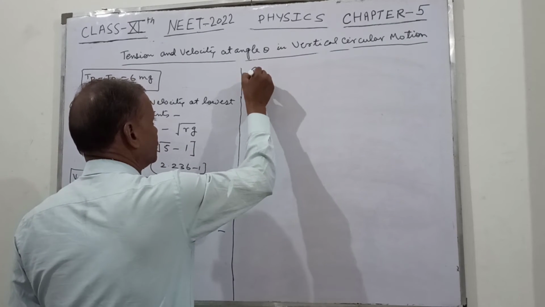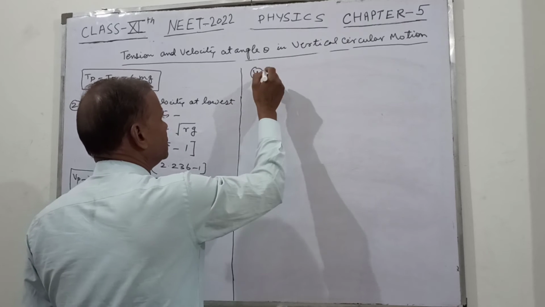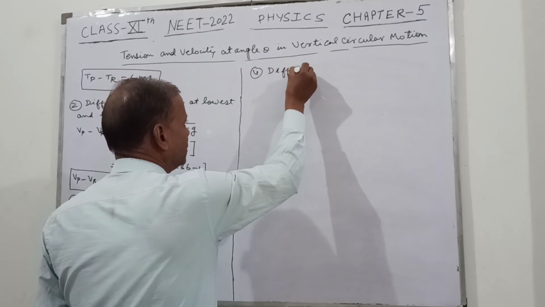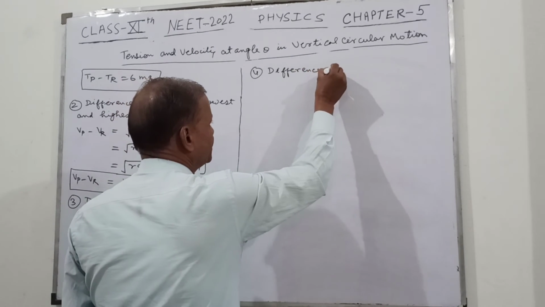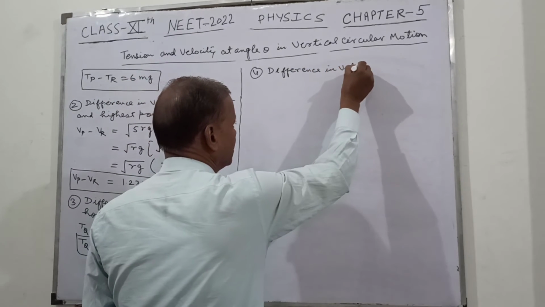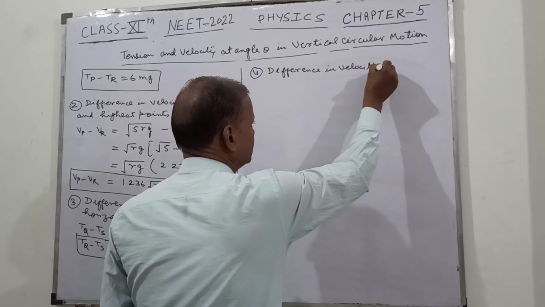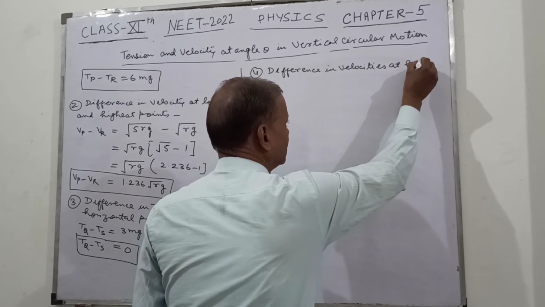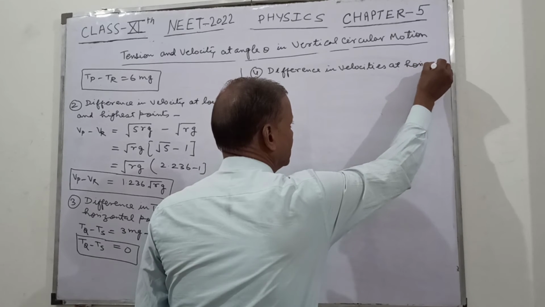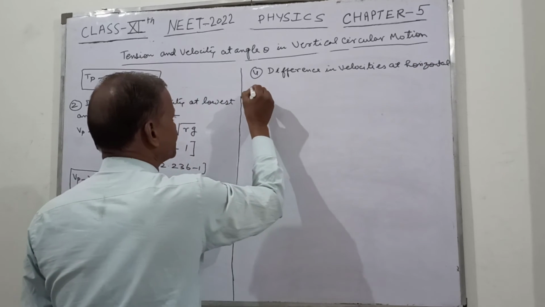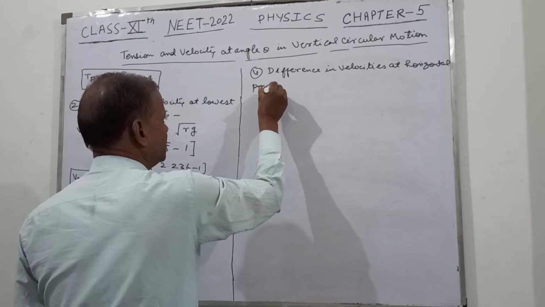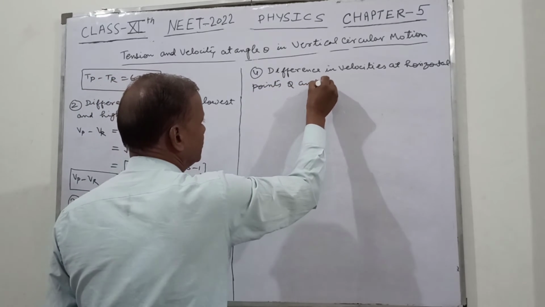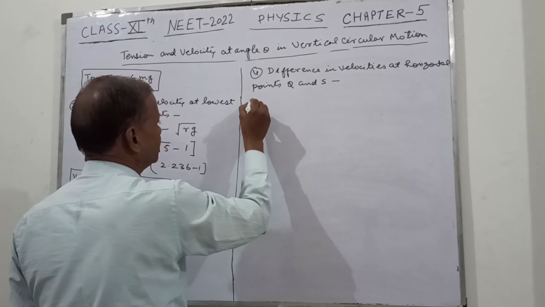Now number 4. Difference in velocities at horizontal points Q and S. What do we have?